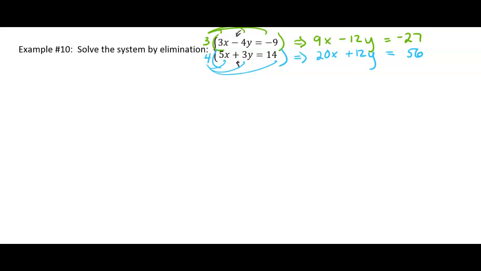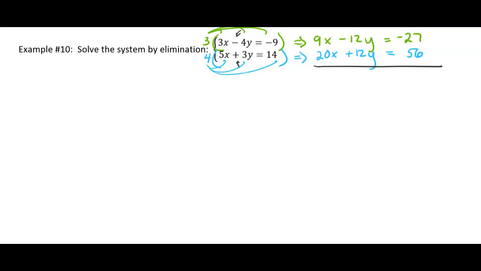Okay. Yeah, now the great thing is you've got that negative 12y and that positive 12y. Now you'll notice that the numbers have gotten a little larger. That often happens, and the reason is we're trying to avoid fractions. It doesn't mean that the answer won't be a fraction. The answer might still be a fraction, but we won't have it pop up till the end.